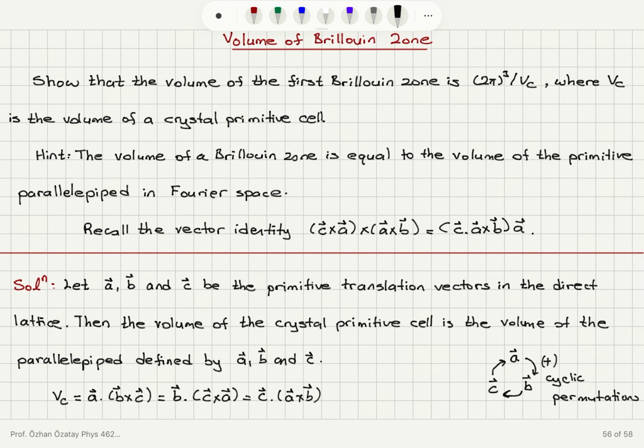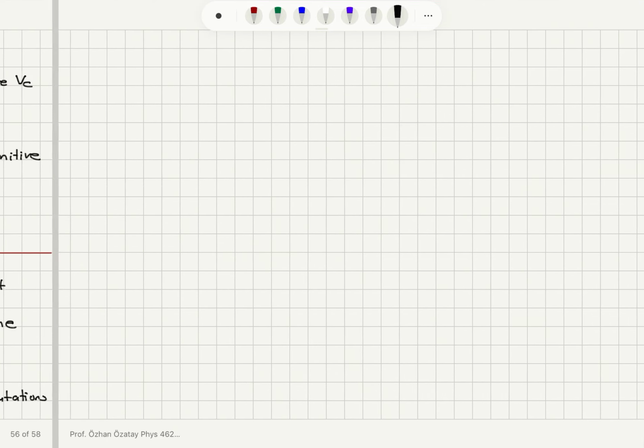Now we're going to go to Fourier space, the reciprocal space. Then we have to find the reciprocal lattice primitive translation vectors.